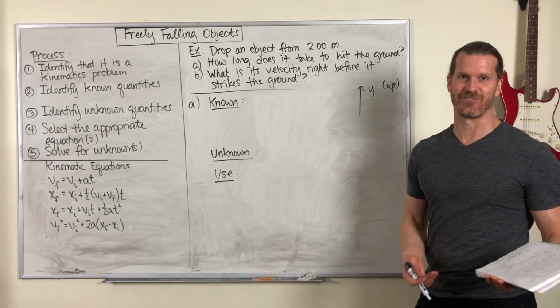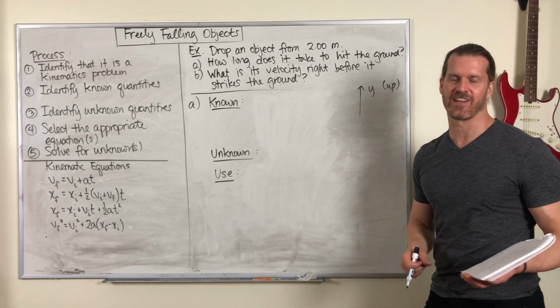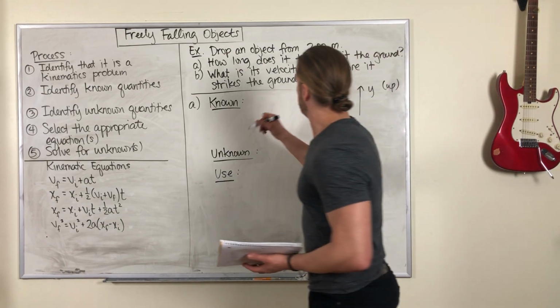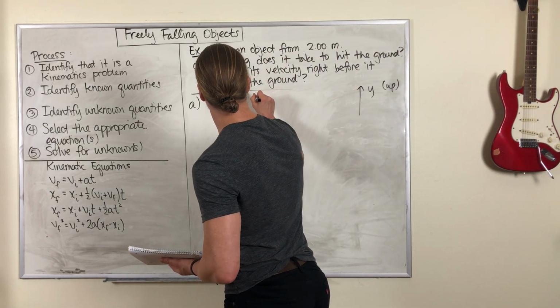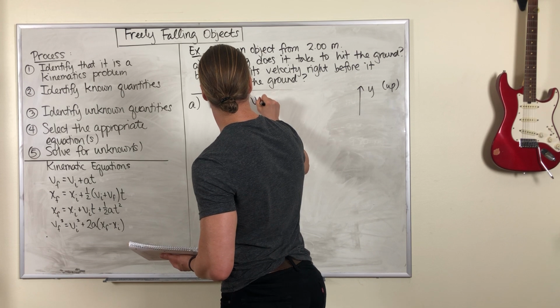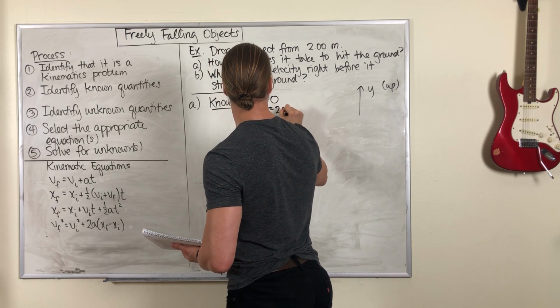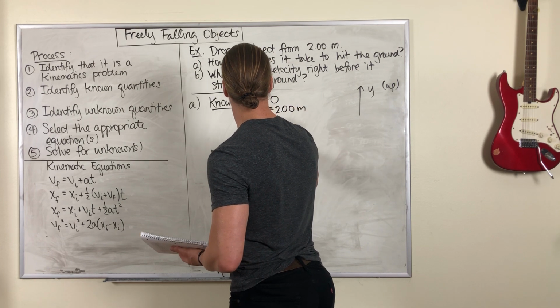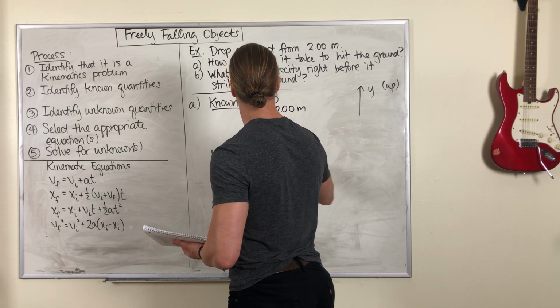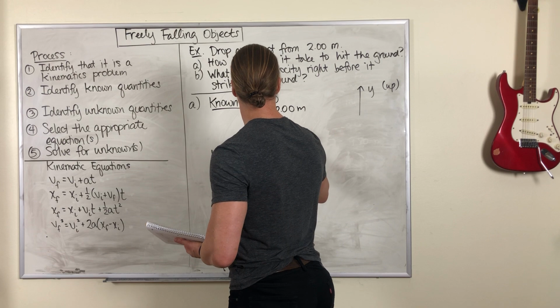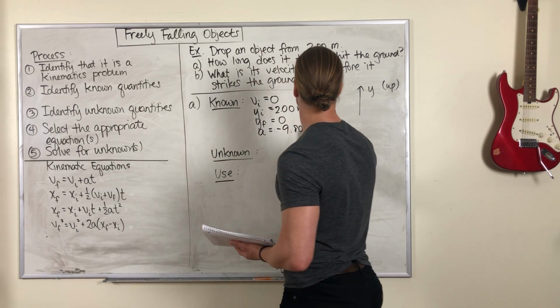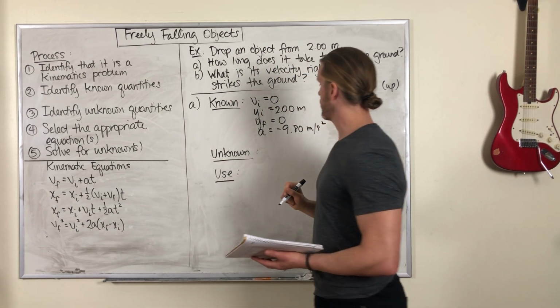Remember, not after it hits the ground and stops, but at the split second right before it hits. So we still know that v initial is 0, y initial is 2 meters, y final is 0, a is negative 9.8 meters per second squared.